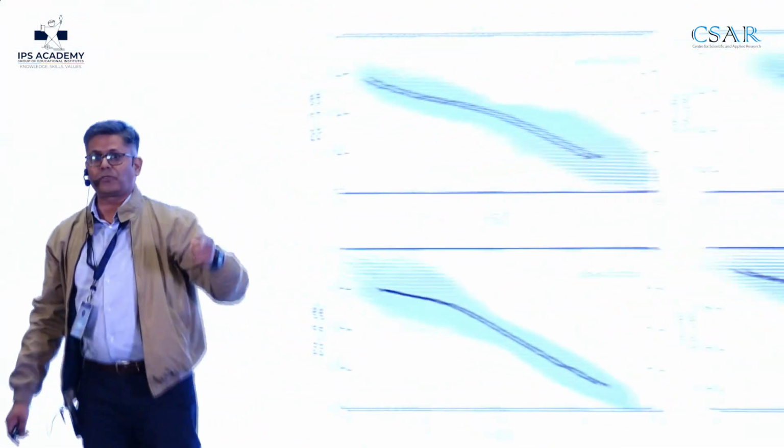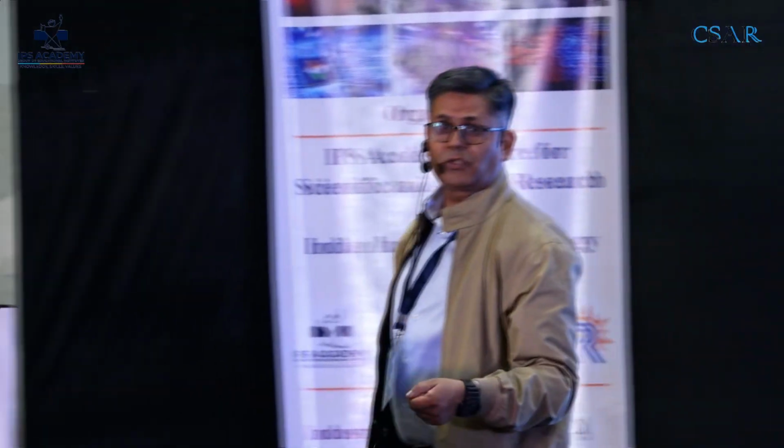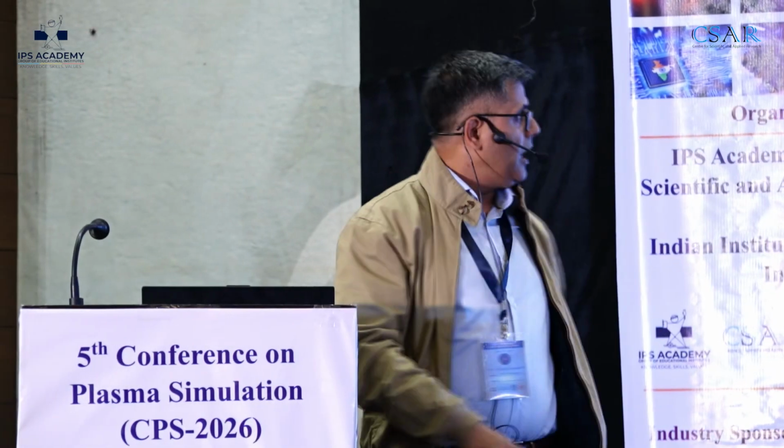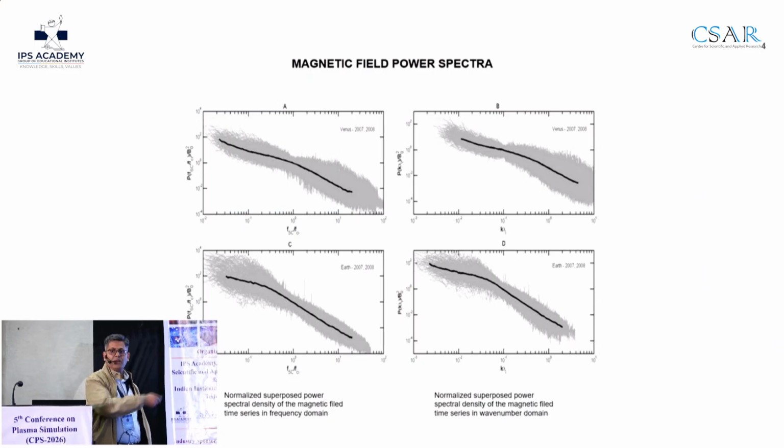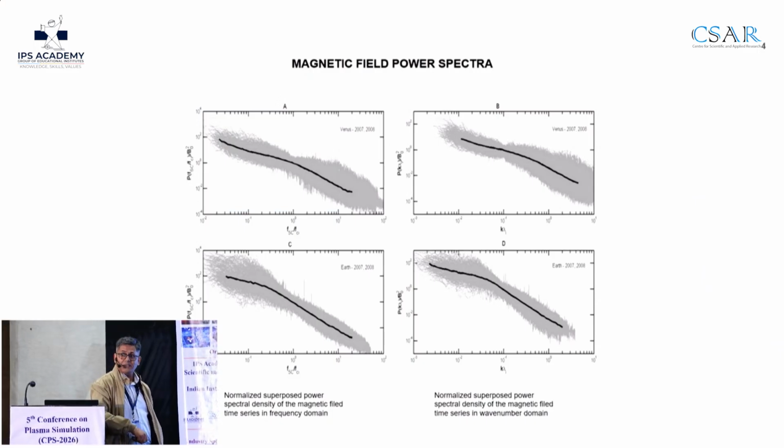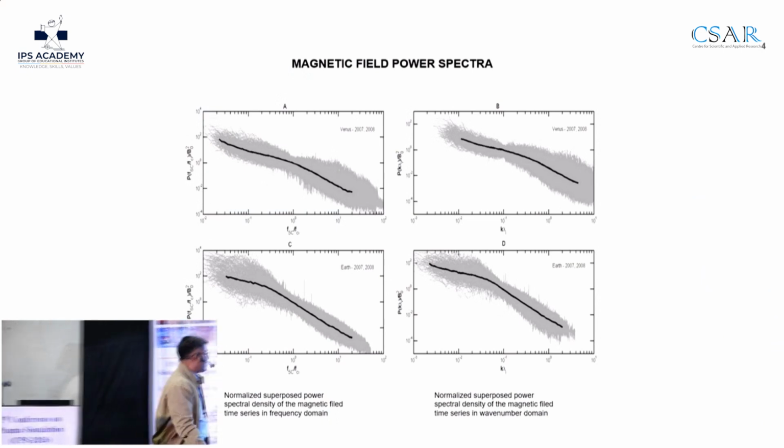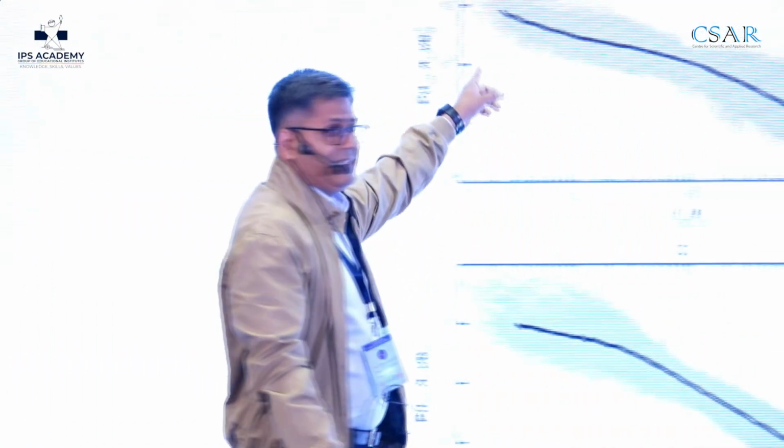The magnetic field fluctuation in each event is normalized to the mean magnetic field, and the frequency and the wave number are normalized to characteristic temporal and spatial scales, that is the ion gyro frequency and ion gyro radius. And this thick black line shows the median trend of the spectra.